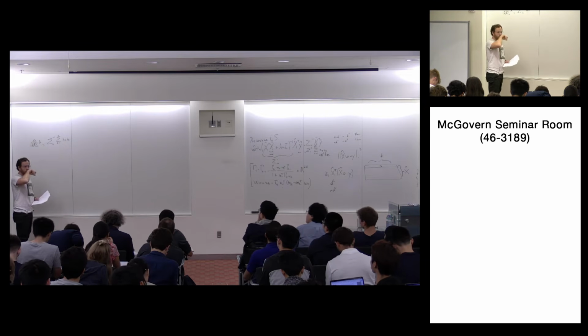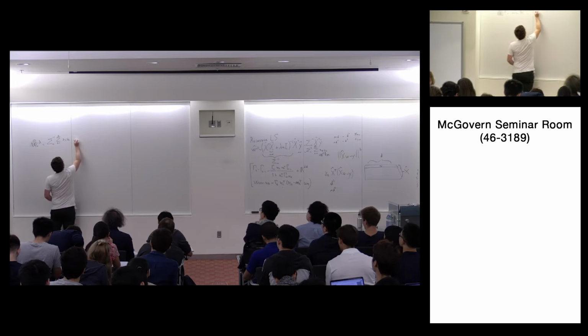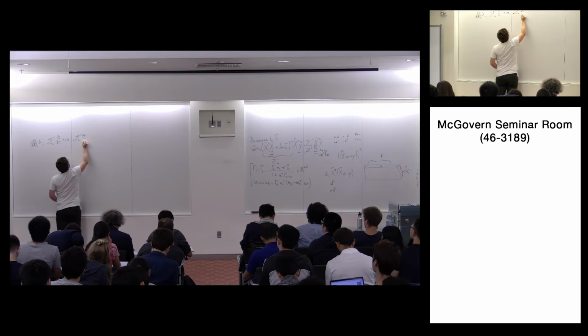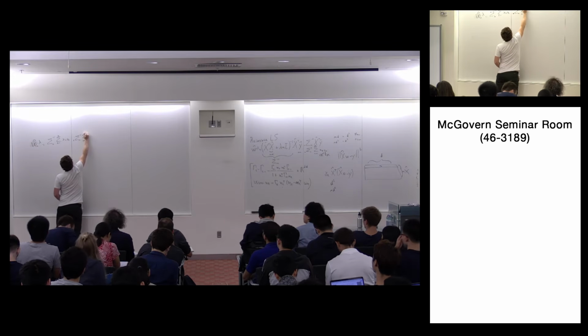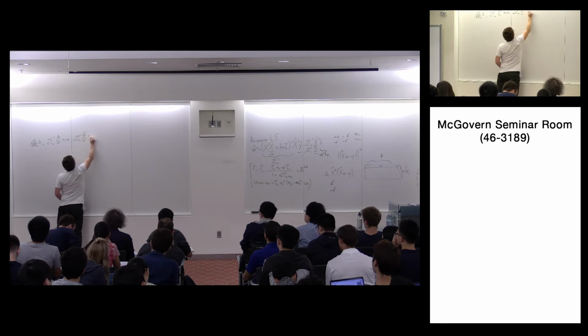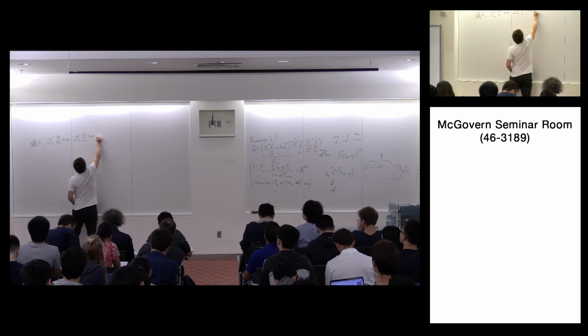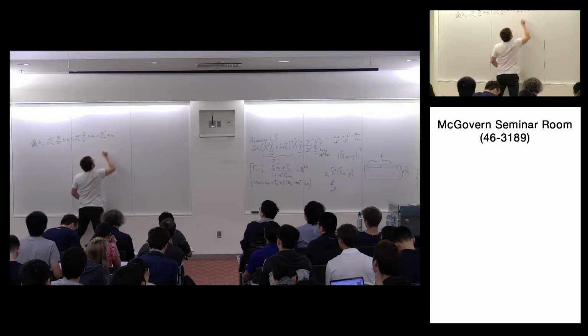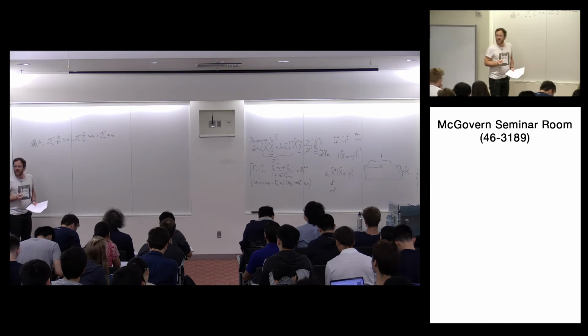Okay? And if you wish, I can write this as sigma n minus 1 sum t from 1 to n minus 1 xtyt plus xnyn. Agree?